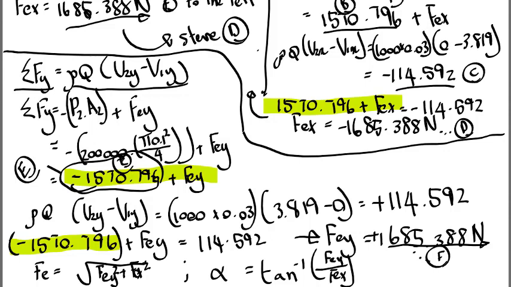And that should give you Fe equal to 2.383 kilonewtons. And your alpha should be equal to exactly 45 degrees.